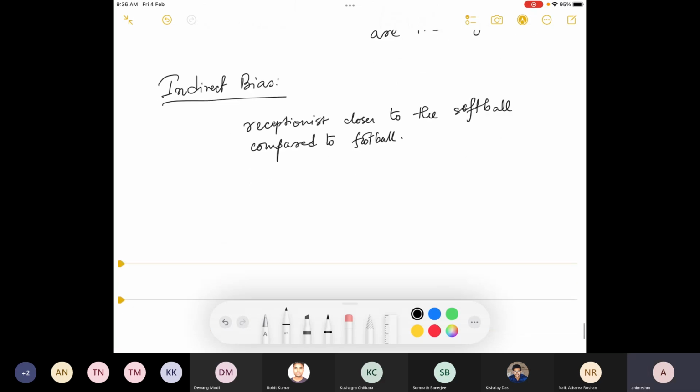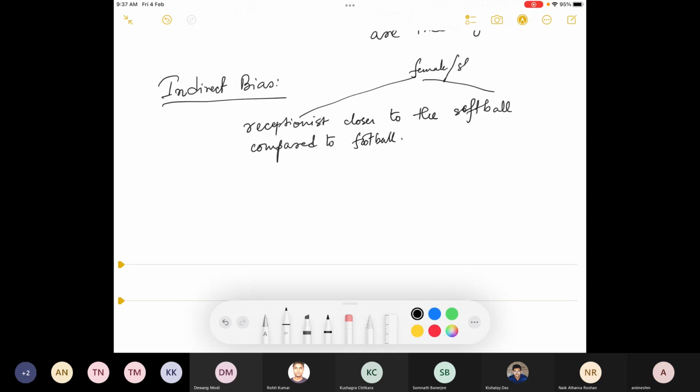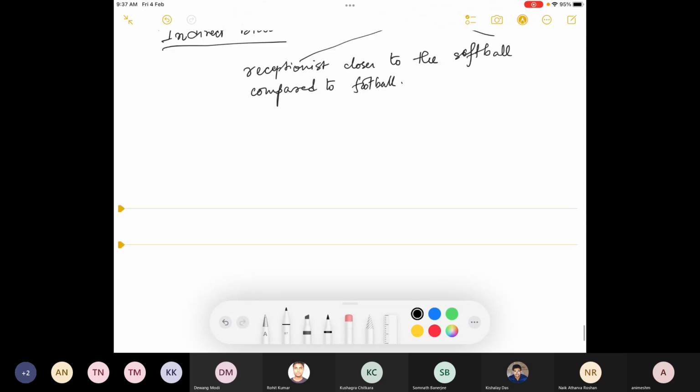And this was because of both of their closer association to female, she, her. So this we have seen, and this was the cause of the indirect bias. Now, how do we quantify this?